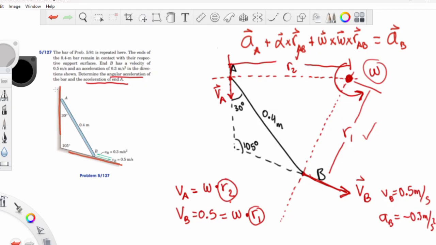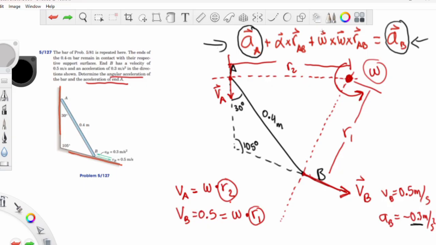That's perfect. So if we look at this expression, it relates the acceleration of A, which is what we want to find, with respect to the acceleration in B, which we know already. That's minus 0.3 meters per second in this direction.